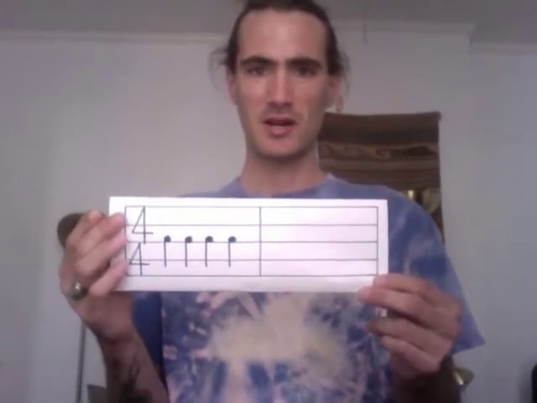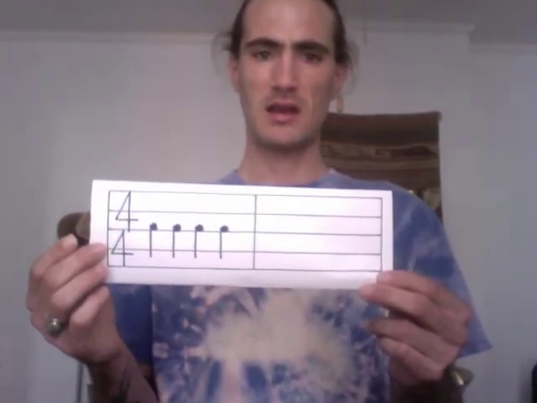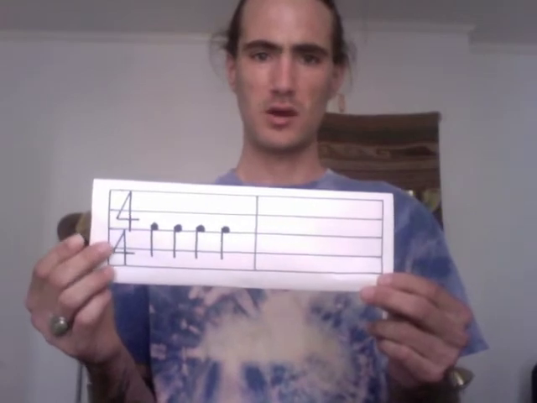The time signature is written at the beginning of a piece of music. It is 2 numbers, one on top of the other, and it tells you how many beats are in the measure and what note value gets the beat.